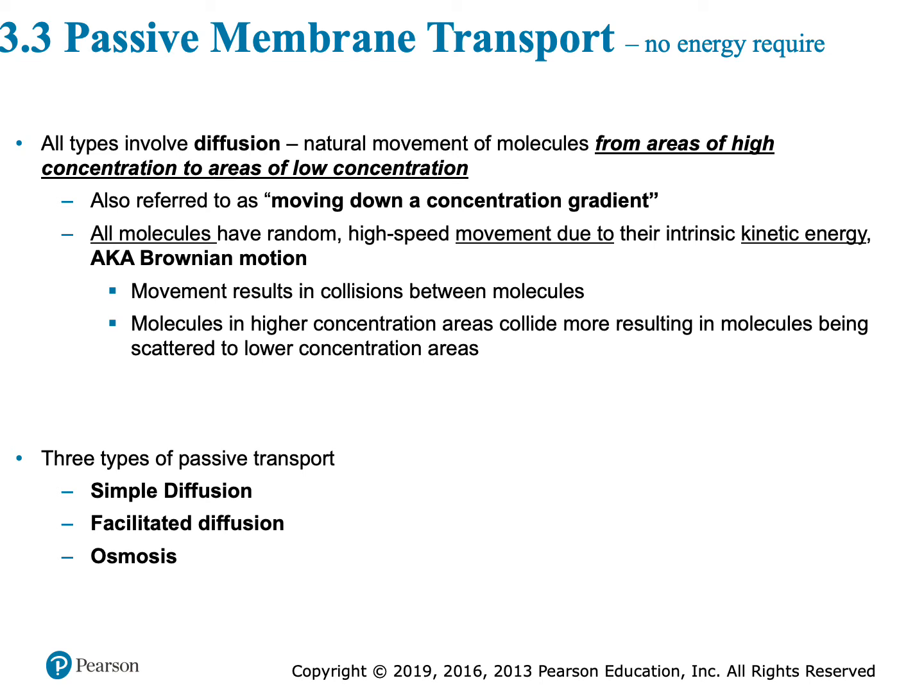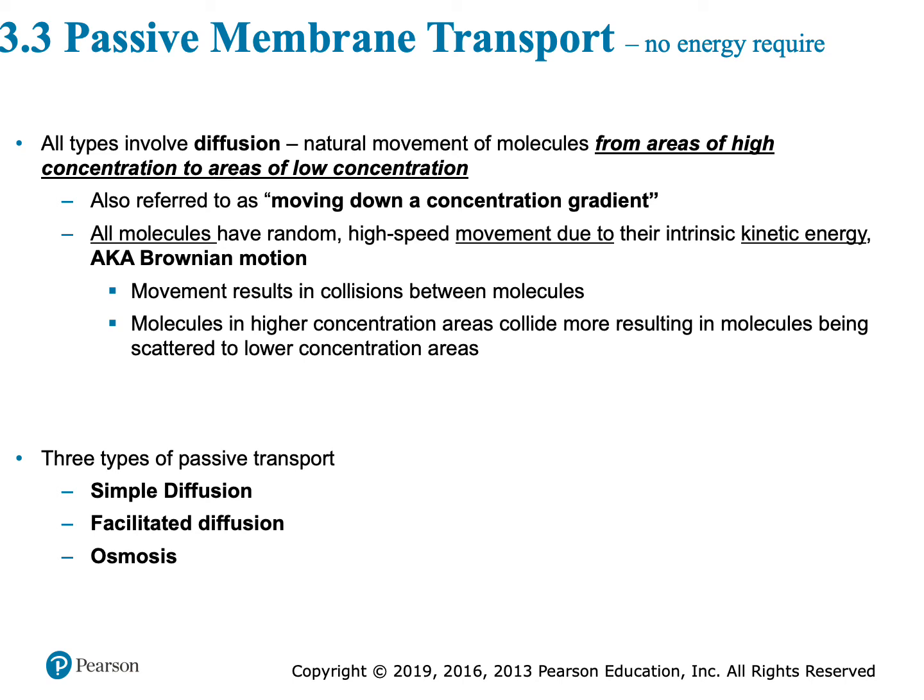So they all involve a type of diffusion. What does that mean? That means that we have molecules that are moving from an area of high concentration to low concentration. Another name for that is moving down the concentration gradient. So if you can imagine, you're sitting at a bench and one end of the bench is getting really crowded and nobody is at the far end of the bench.